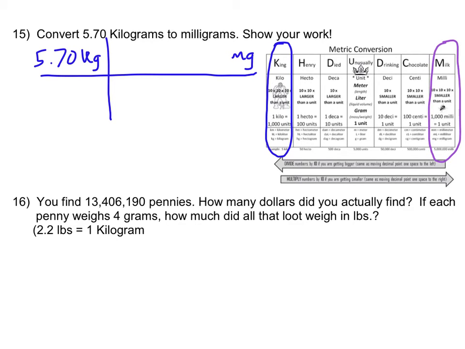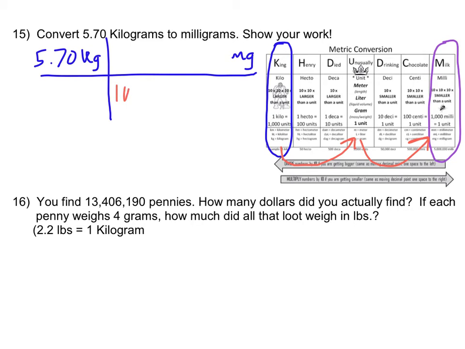Well, I know that there are 1,000 grams in a kilogram. So I'm going to take 2 steps. The first step will be going from kilograms to grams, and then from grams to milligrams, because I think busting it up into 2 different sections makes it a little easier to see.